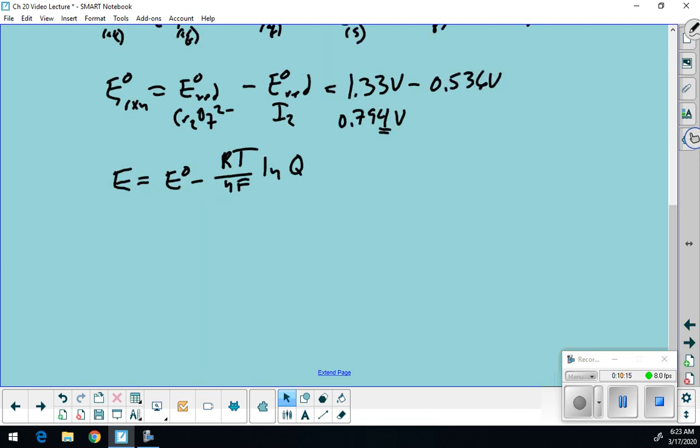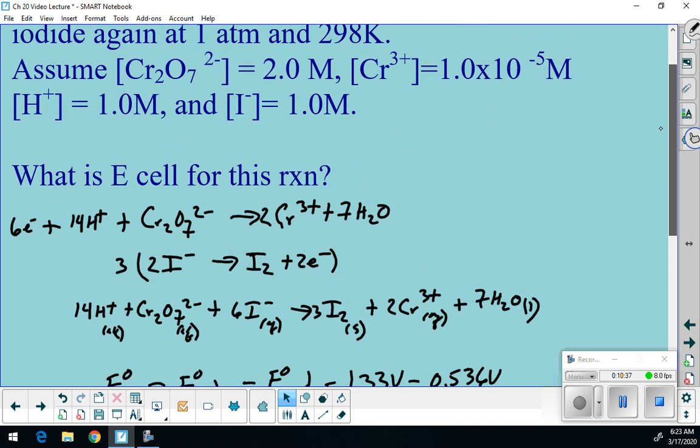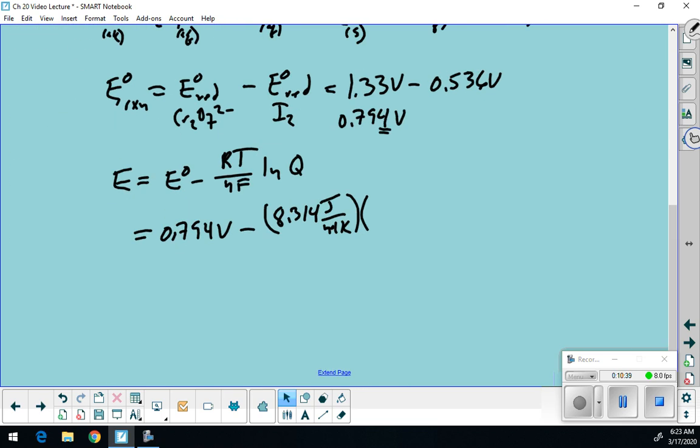All right, so that would mean I'm going to take my 0.794 volts minus R, 8.314 joules per mole Kelvin times my T. We said it was 298, right? Let's go up there and check it out. But I'm pretty sure it said 298, right? 298, yep. 298 K over N. How many electrons were transferred in this reaction?